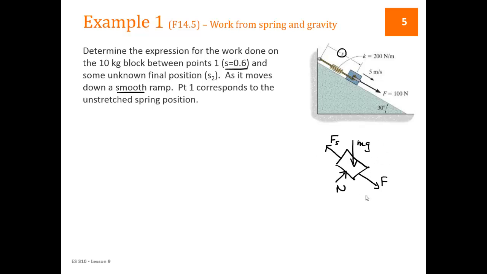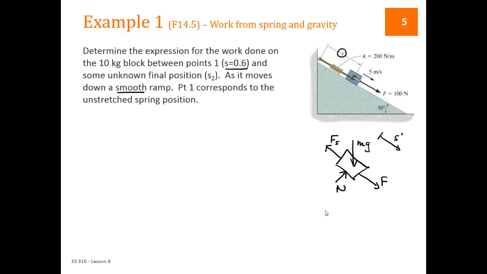Now we also need to know about the position of the object and how that's changing. So it looks like it's being pulled down the slope. s is defined as starting at the point where the spring is attached. I'm going to create a more handy variable called s prime, which is the distance that it moves starting from point 1.